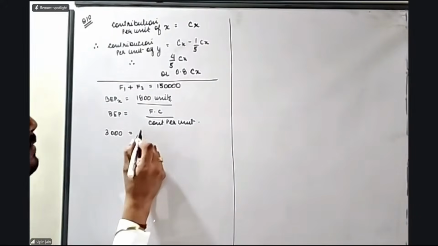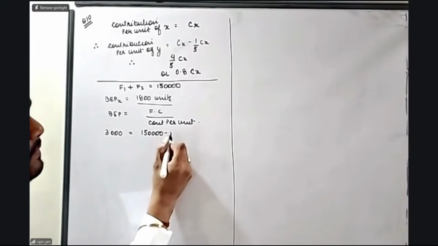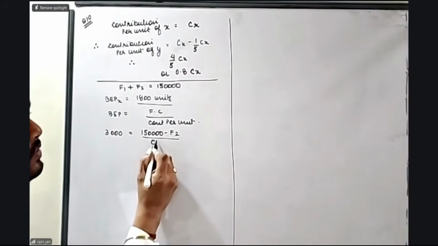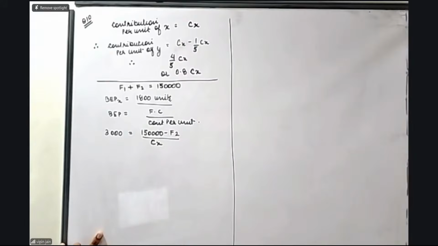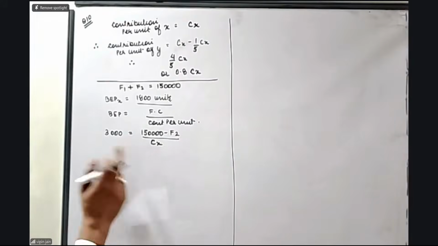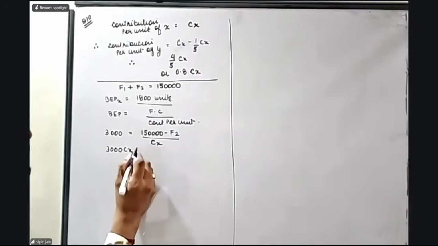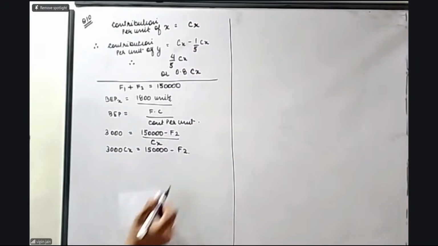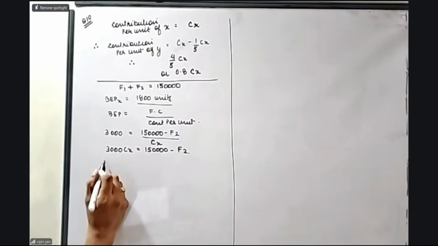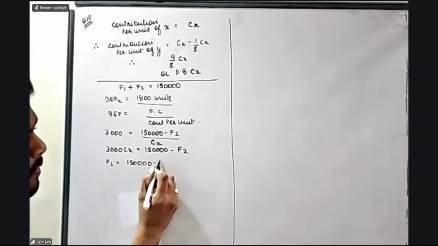So F1 will be equal to 1,50,000 divided by contribution per unit. That is, contribution per unit of X is CX. So we will equate this. So this will be 3000 CX is equal to 1,50,000 minus F2. Or we can say F2 is equal to 1,50,000 minus 3.